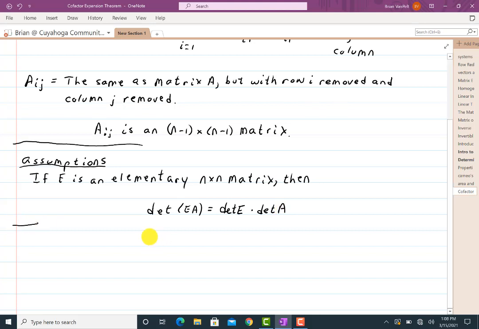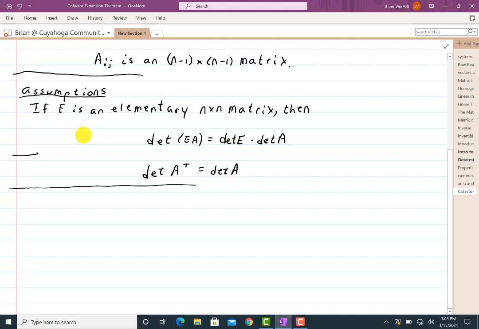Second, the other thing we're going to make use of is that the determinant of the transpose equals the determinant of the matrix itself. And of course, that proof, once again, is a basic proof where you break down the matrix into elementary matrices. So a quick sketch of that situation is something like the following.